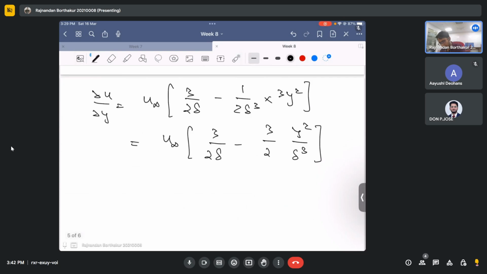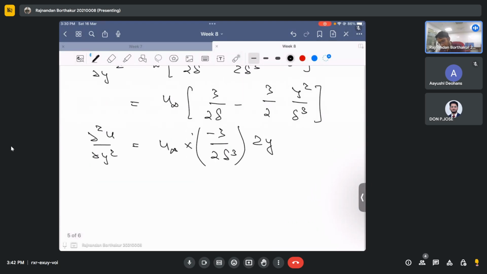Now if you evaluate del square u by del y squared, this would be u infinity times minus 3 by 2 delta cube would be there unaltered, and this would be 2y.